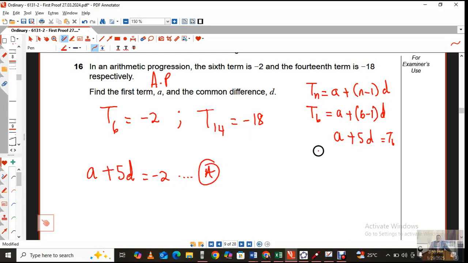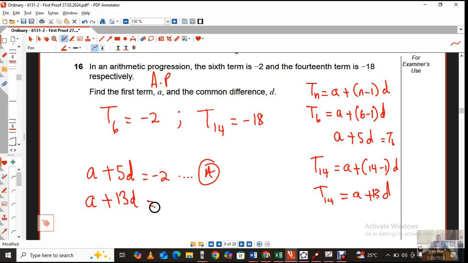What else do we know? We know that the 14th term, that is t sub 14, is equal to a plus 14 minus 1 times d. So the 14th term will be a plus, always 1 less, 13d. So a plus 13d should give you negative 18.